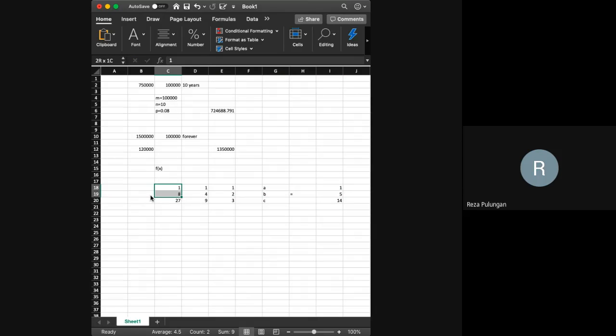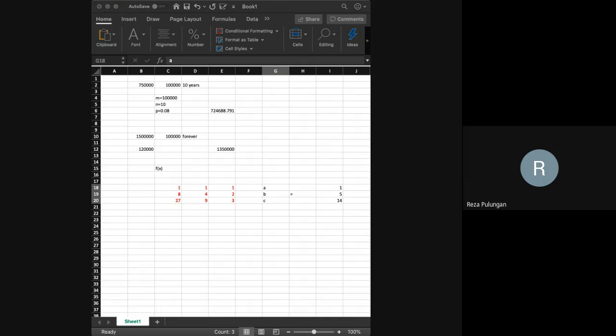So this is the first matrix, and this is the vector. If you multiply this by this one, this is the result. The only thing left for you to do is to find A, B, C. You know how to deal with this.